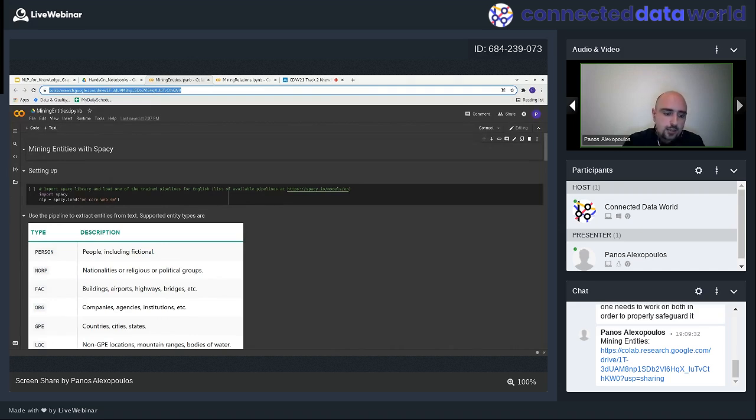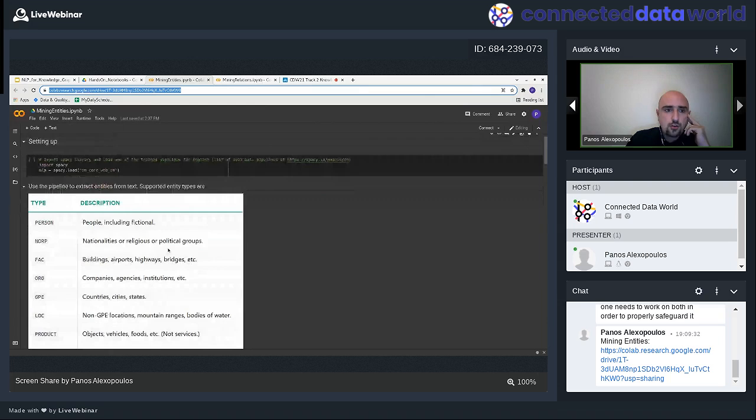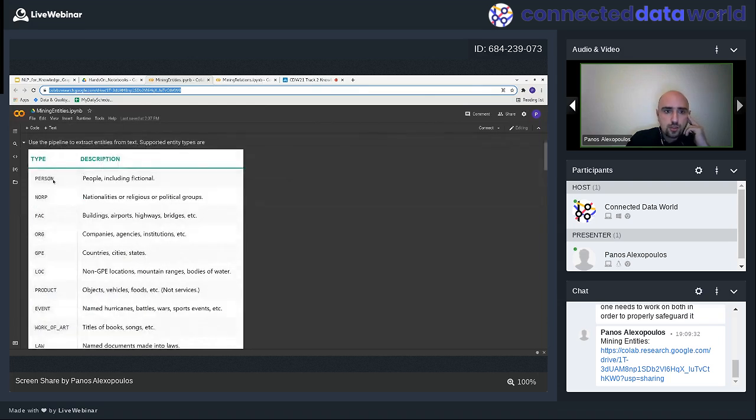It has a set of pre-trained machine learning models per language, trained in a supervised way for entity recognition tasks. And this pre-trained system supports the following types of entities. It supports persons, which, as you can see here from the official description of Spacy, includes all mentions of people, including fictional. So it doesn't make a distinction between real people and fictional people.